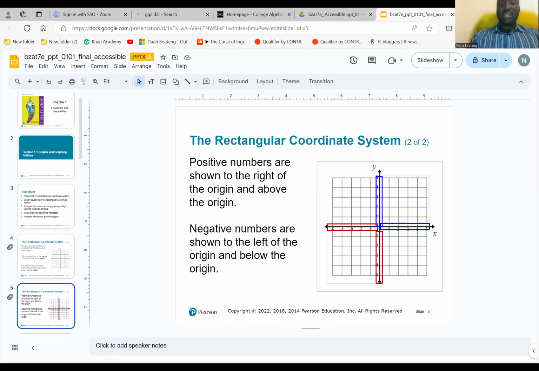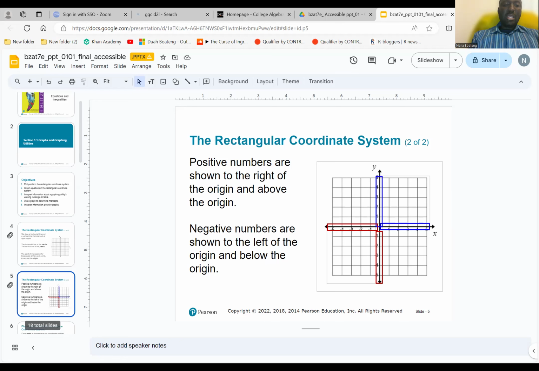In the second box, to the left of that, the y-axis is positive and the x-axis is negative. In the third box, both x and y are negative. And in the last box, x is positive and y is negative.